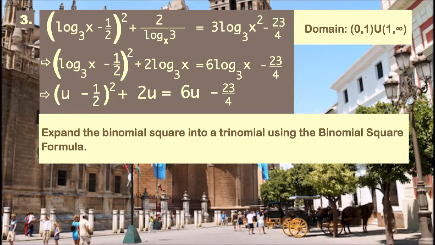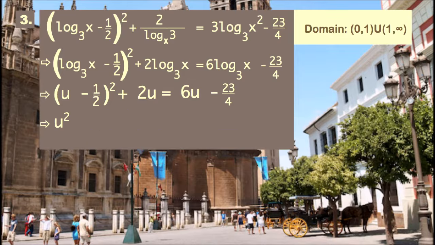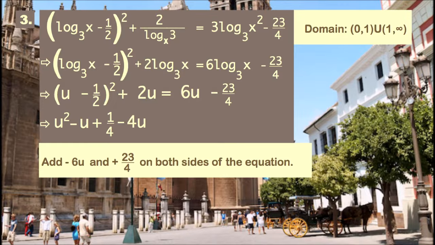Let's expand the binomial squared into a trinomial using the binomial square formula. U squared minus u plus 1/4 minus 4u. That happened by adding negative 6u and positive 23 over 4 on both sides of the equation. So we get plus 23 over 4 equals 0.